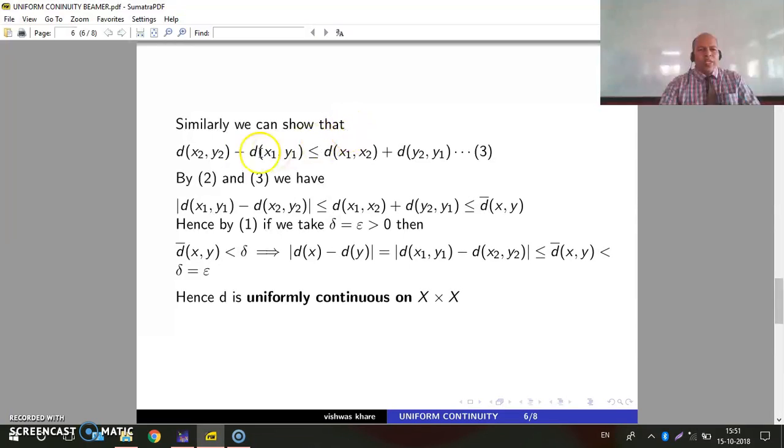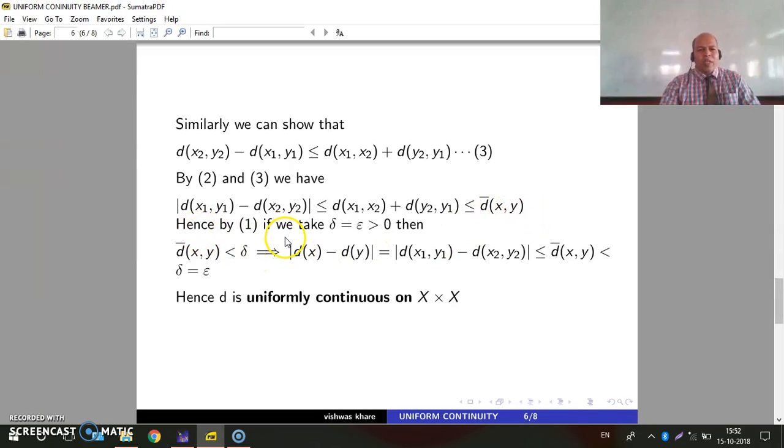Similarly, we can show that d(x2, y2) minus d(x1, y1) is less than or equal to d(x1, x2) plus d(y2, y1). By 2 and 3, we have modulus of d(x1, y1) minus d(x2, y2) is less than or equal to d(x1, x2) plus d(y2, y1), which is less than or equal to d bar (x, y).